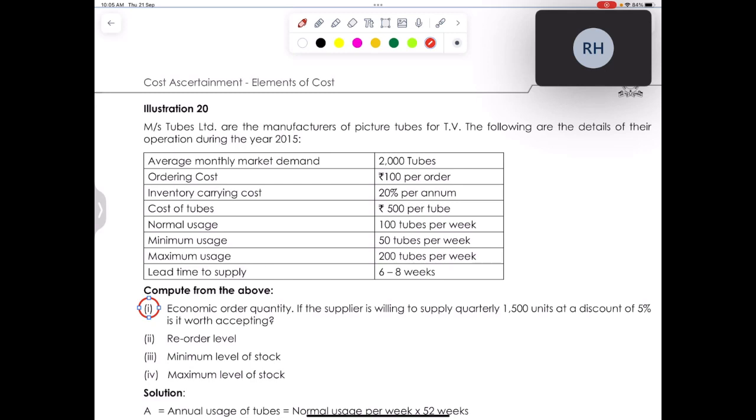You have to do this complete requirement part number 1 on your own in rough copy. Do not do it in fair copy, it will take time. Only I require 2 pieces of information. First information is EOQ, and the second decision I have to take is whether to accept the quantity discount offer of 5% or not.